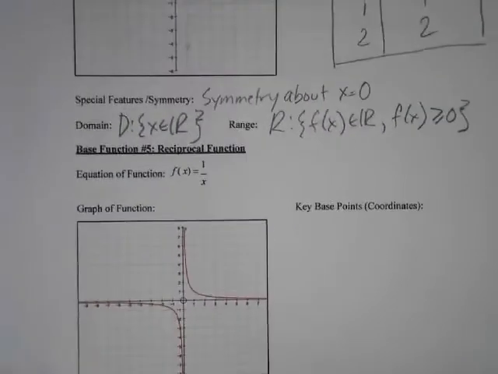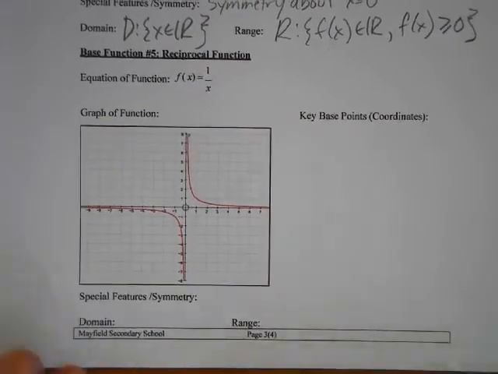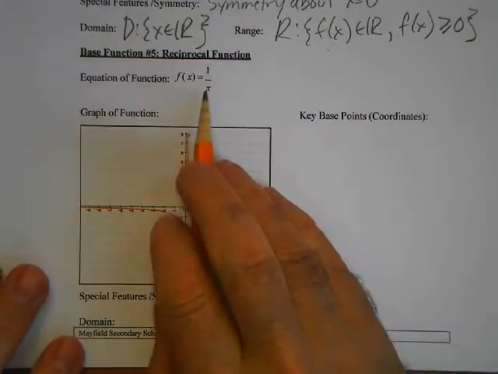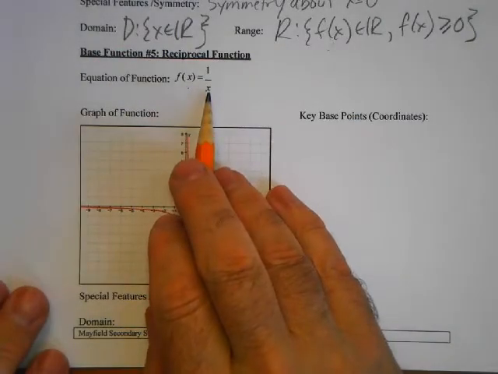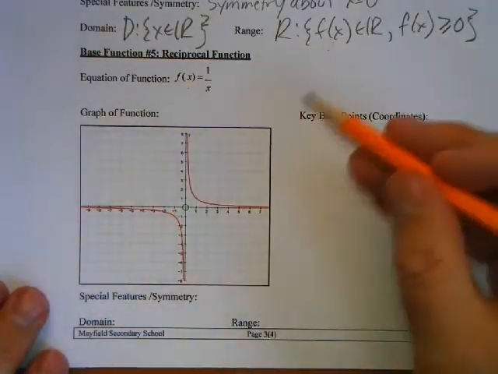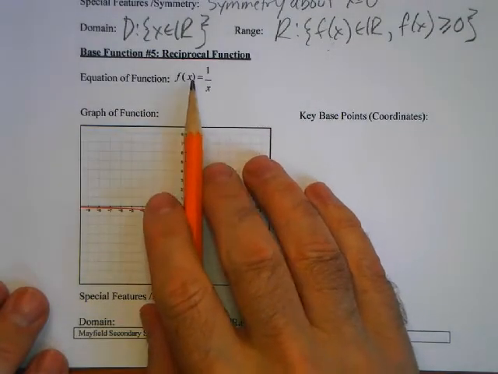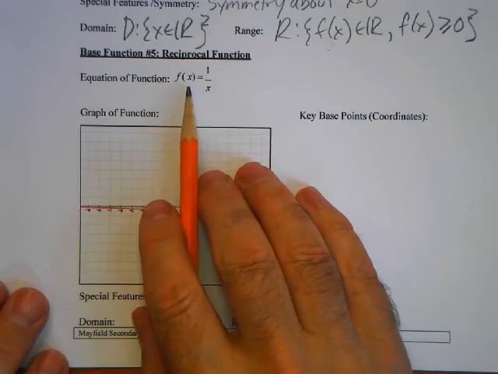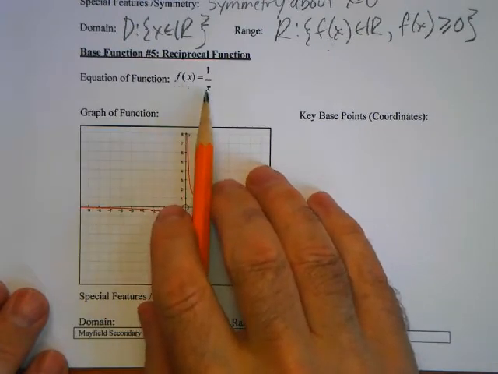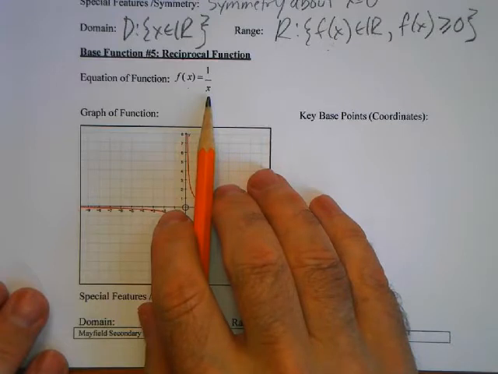This next function is probably the most complicated of all 5. It's called the reciprocal function, and it's written as f of x equals 1 over x. So what this function does is whatever your x value is, it flips it. So for example, if your x value is 2, your f of x or y value is 1/2.